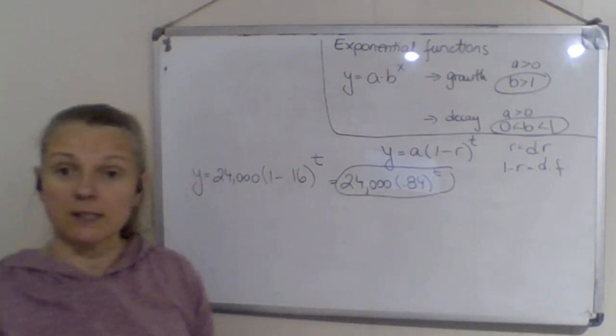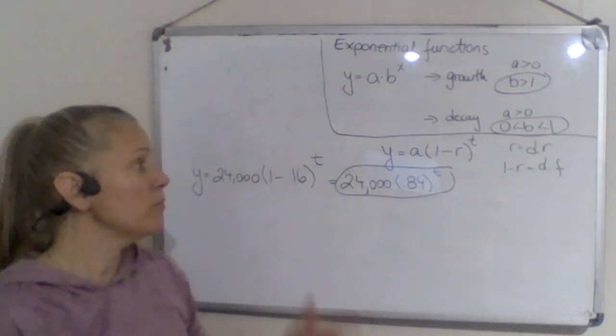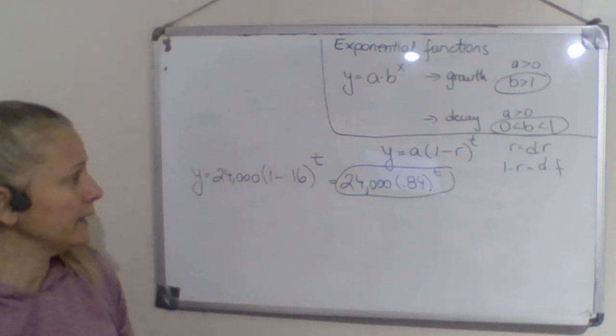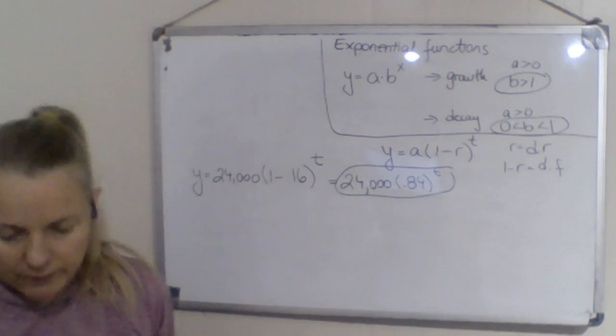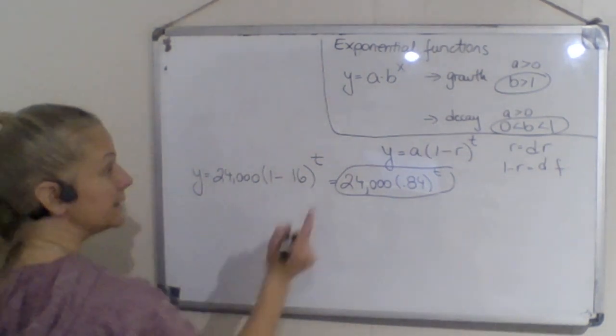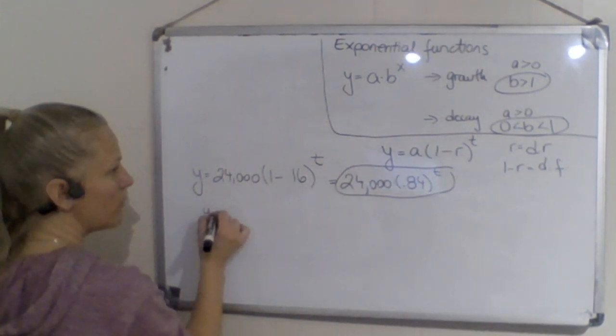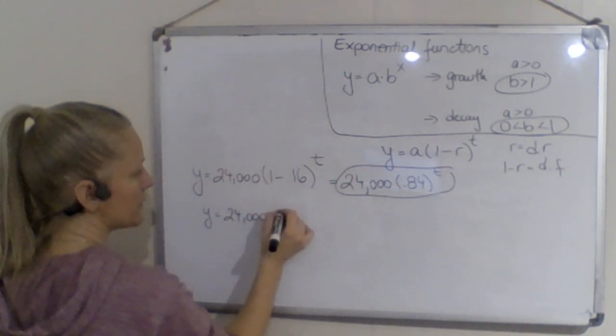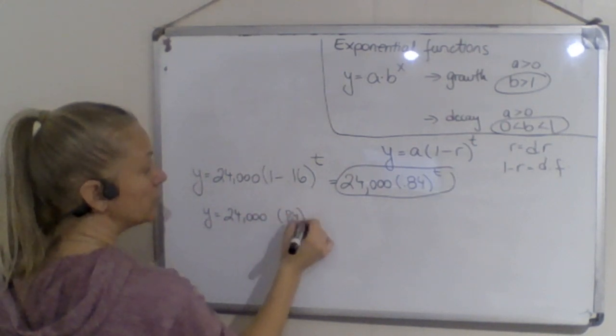I just realized that we skipped the whole part of the other problem, but we'll do this one, and the exponential growth one works the exact same way. Here's your model. Then they also ask you, use the model to estimate the value after 2 years. So all of a sudden, t becomes 2. So you go y equals 24,000 times 0.84 to the second power.